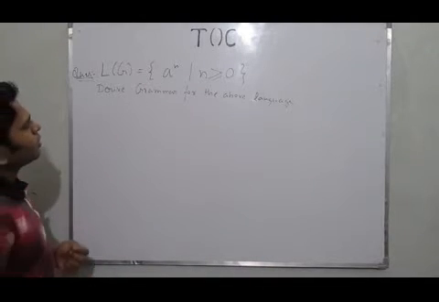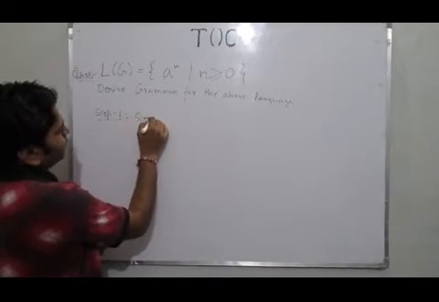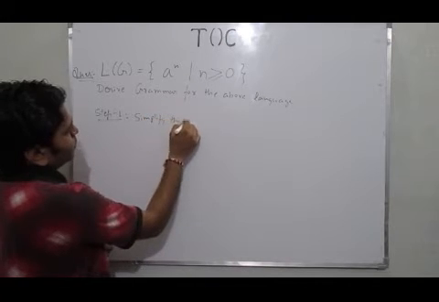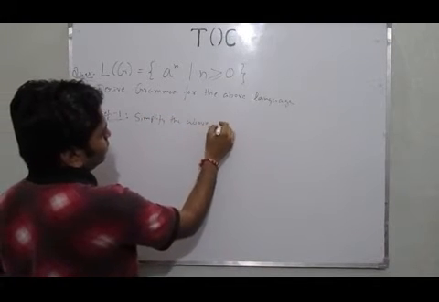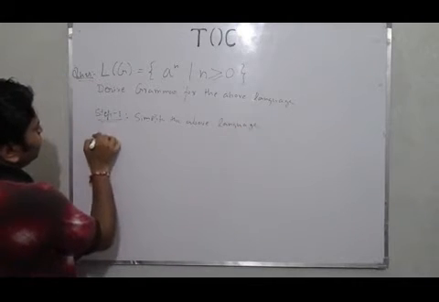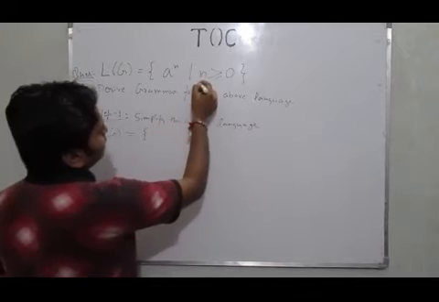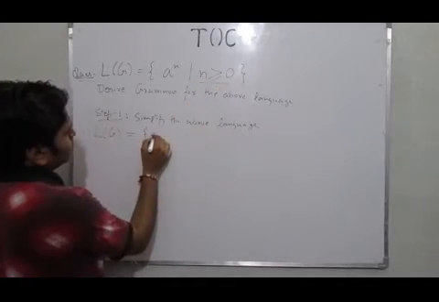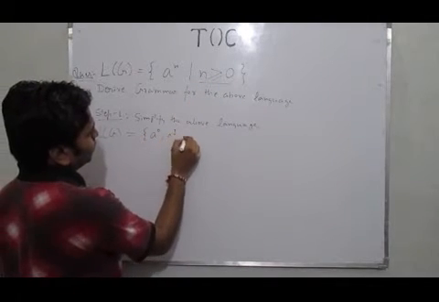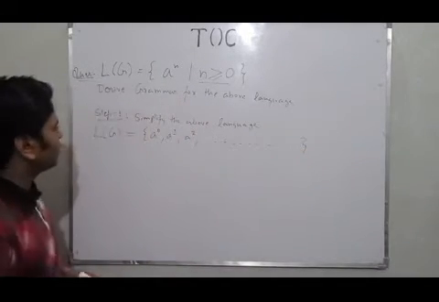Let us check that. The first step that we have to do is to simplify the above language. If we simplify the above language, what would we obtain? We would obtain a^0, a^1, a^2, and so on.